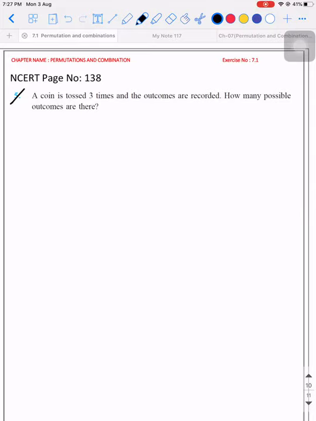So when a coin is tossed 3 times and the outcomes are recorded: first time, second time, third time. If you get a head the first time, here you might get a tail, and here you might get a tail. If you get a head here, you might get a tail here, you might get a head here.